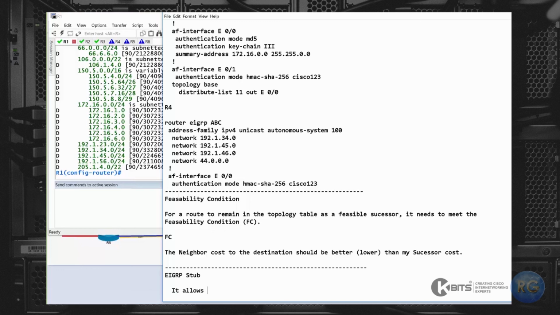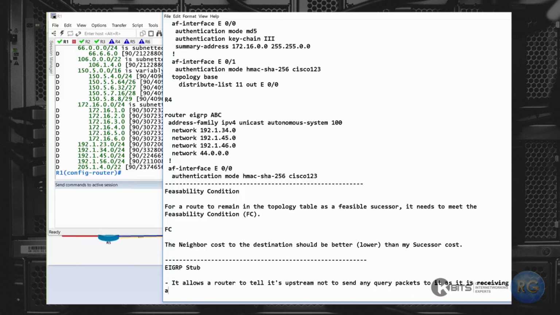It allows a router to tell its upstream router not to send any query packets to it, as it is receiving all its EIGRP routes from him.